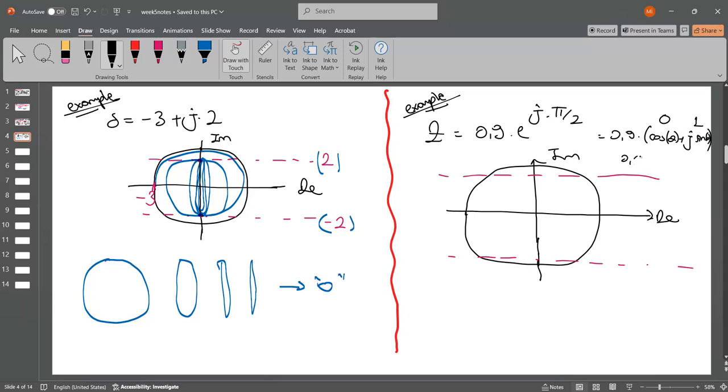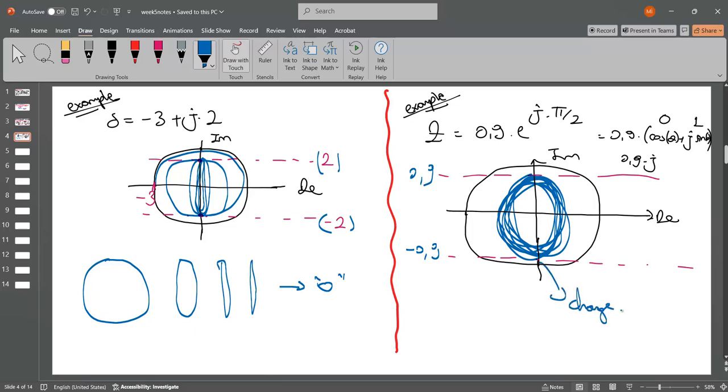So this yields us to this one, e^{0.9j}, and so at all times we have oscillation, right? It does not change in time.